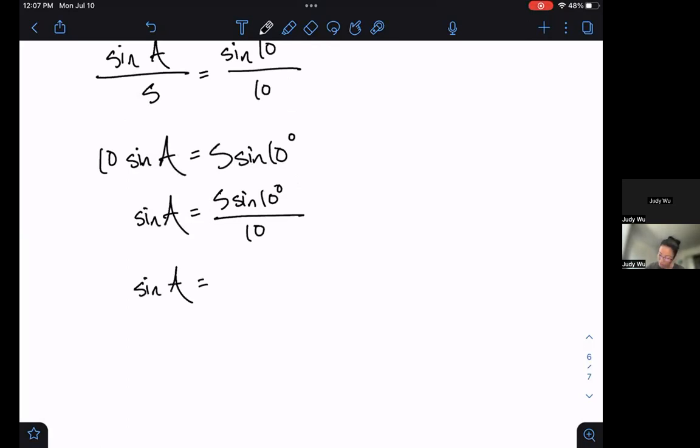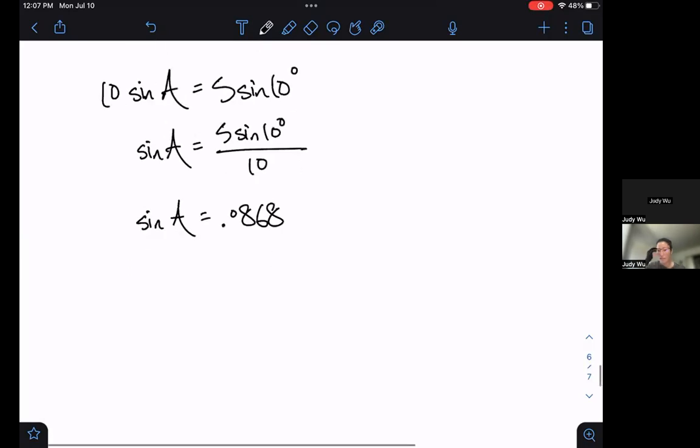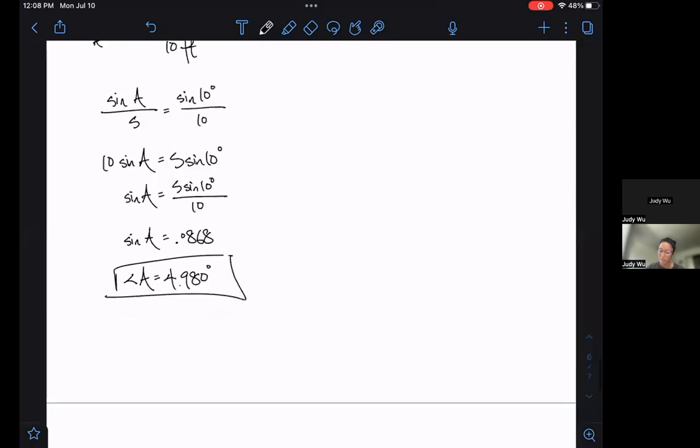And as it turns out, I get 0.0868. That's a pretty small number. That's okay. I use my calculator and I get angle A equals 4.980 degrees.